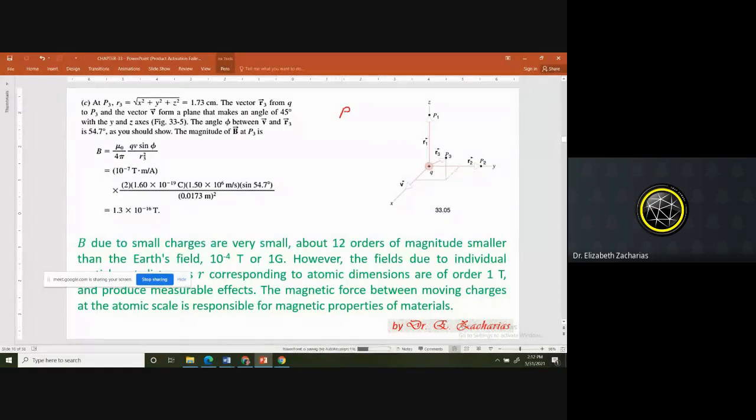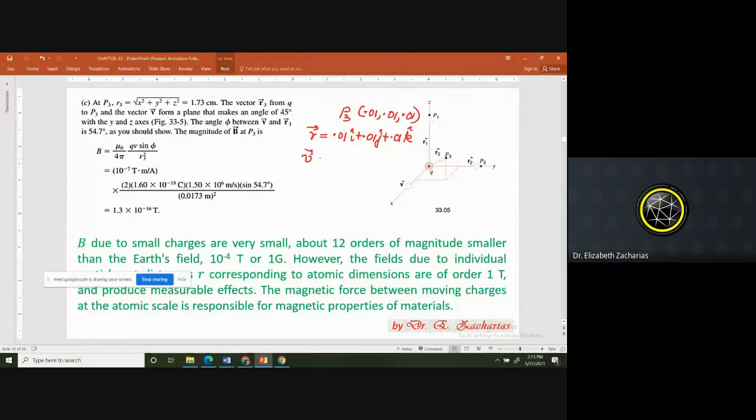So P3 is going to have coordinates 0.01, 0.01, 0.01. Just in case you're wondering why I'm writing 0.01, I'm converting centimeter into meter. Okay. So I can actually write my R vector. My R vector will be 0.01 i cap plus 0.01 j cap plus 0.01 k cap. And what is my velocity? Velocity is not changing.